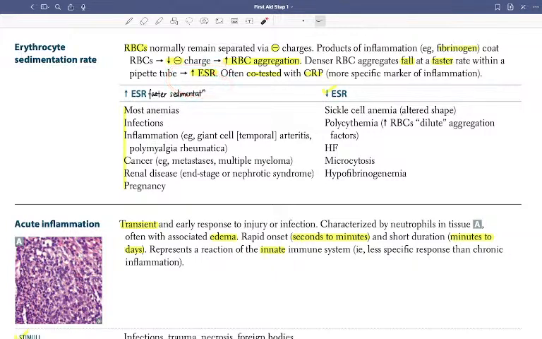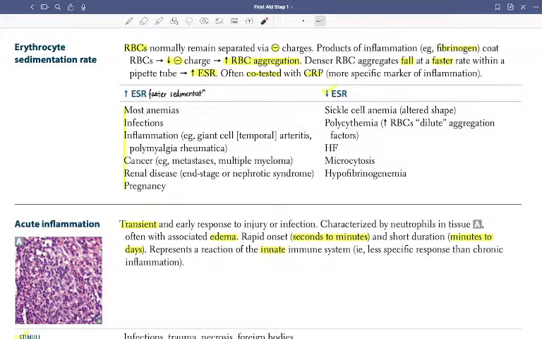When fibrinogen coats the cells and they form rouleaux faster, ESR increases, though I'll still have to check this. It is co-tested with C-reactive protein for specific markers. Increased ESR means faster sedimentation. It is a rate, not a time.